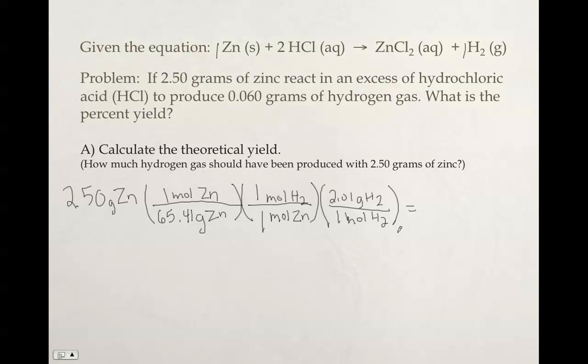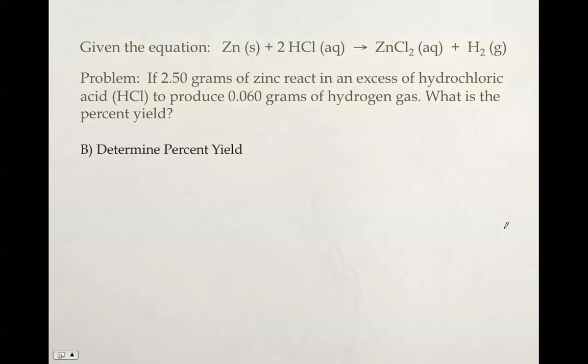If we go ahead and solve that, we get that our theoretical value should be 0.077 grams of H2. Again, this is our theoretical value. Now that we have that, we can take that theoretical value and compare it with our measured value, which is the 0.06 grams of hydrogen gas.